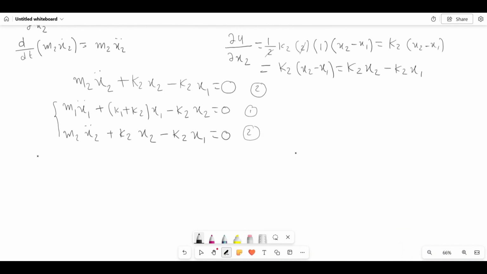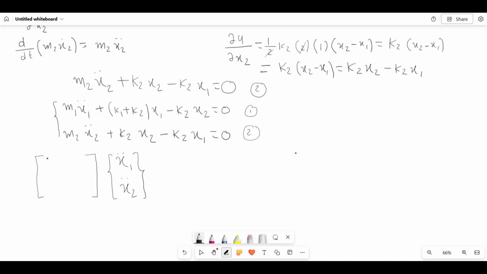Let's do it together. This is what we have in matrix form. The first vector multiplying the matrix will be x1 dot dot, the acceleration, and x2 dot dot. What do I mean by that? You do that in such a way that when you multiply, you get what you have in your previous equation. I know the English is too much, but let's see what I mean. Let me explain something first. Do you see where there is m1?